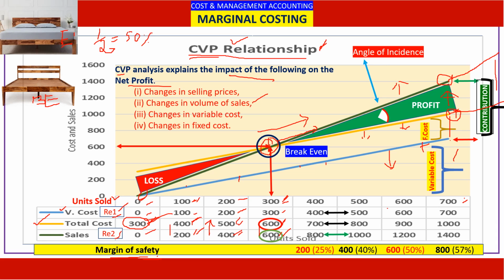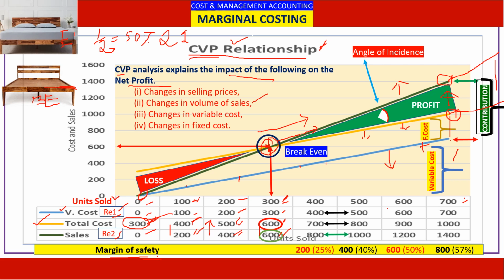For a mattress to come to the break even level, even if I remove the mattress, I have got the break even here. 1 feet gone, still I have got 1 more feet. This talks of 50% is margin of safety. If my sales of 2 falls by 50% and it comes down to 1, still I am at the break even. My break even level is here, half of it.